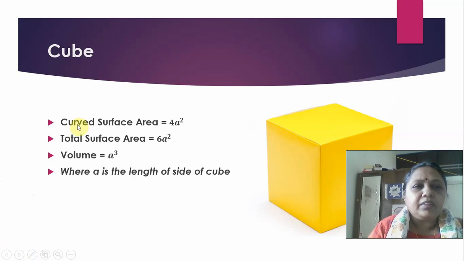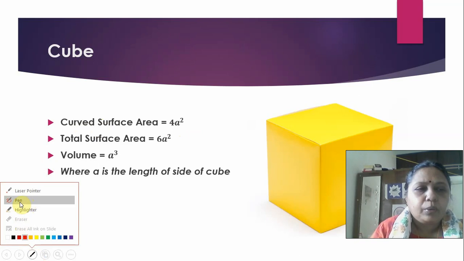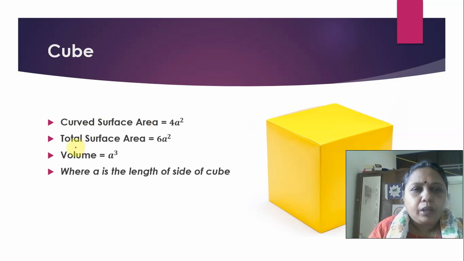What is the curved surface area of the cube? Curved surface area of the cube is 4a squared and the total surface area is 6a squared. Before going into the total surface area, we will see the curved surface area.